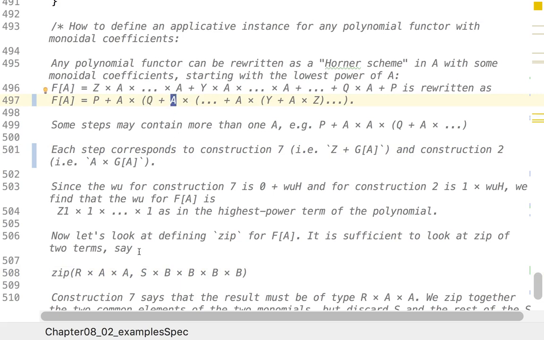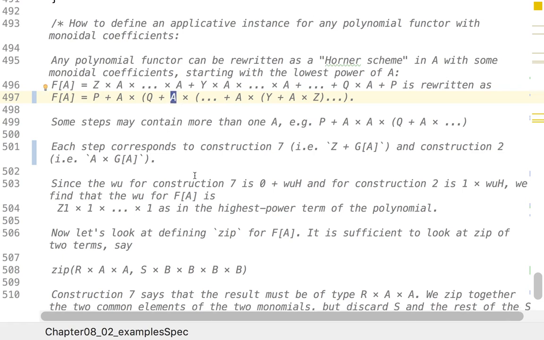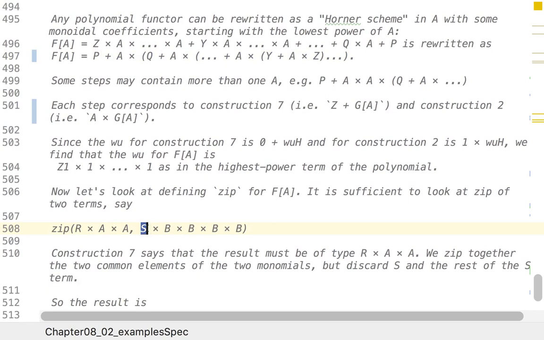So if two polynomials are zipped together, we discard the one that has higher power. So we discard the coefficient at the higher power, and the result is the coefficient of the lower power that remains.